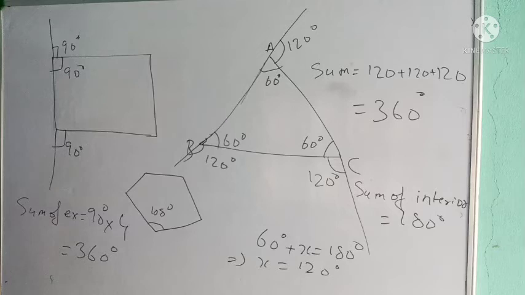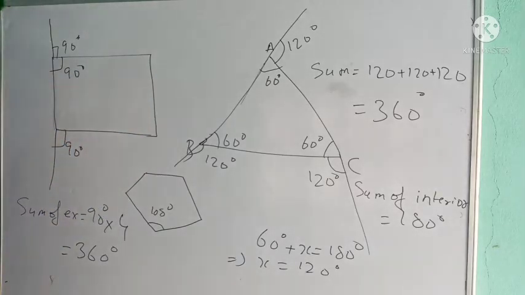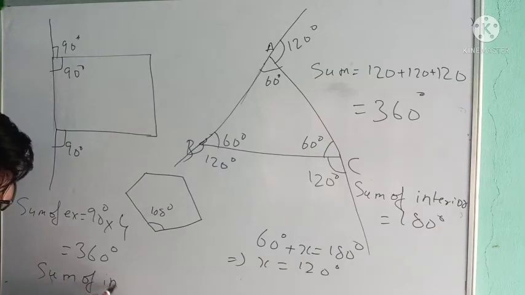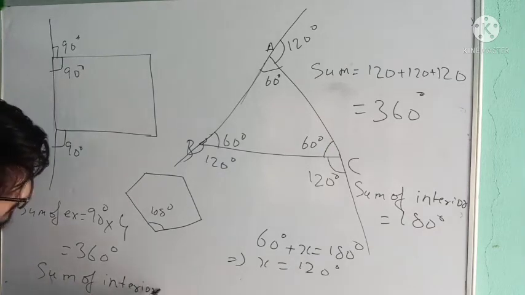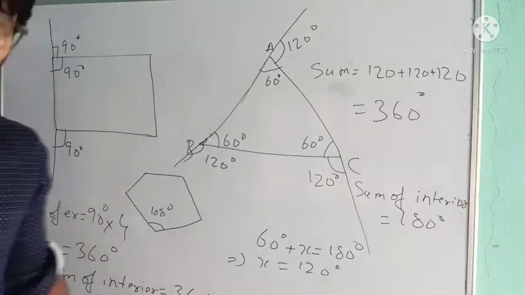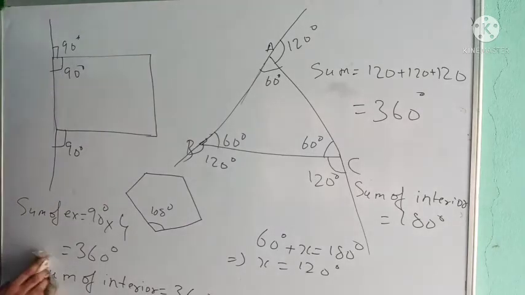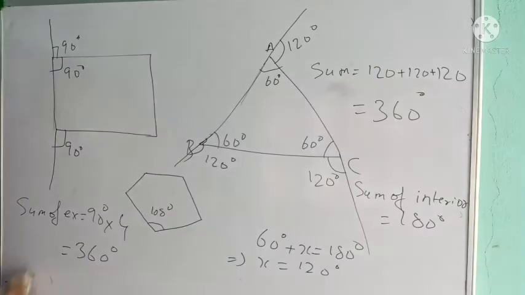What about the interior angles? It is 90 plus 90 plus 90 plus 90, so the sum of interior angles here you get as 360 degrees. It is not visible, so I will just do it at the top.